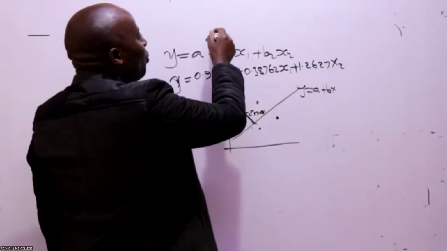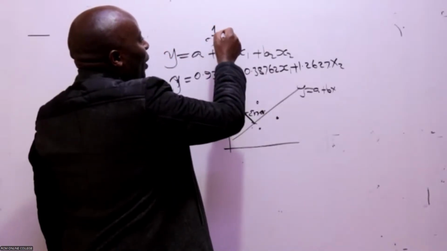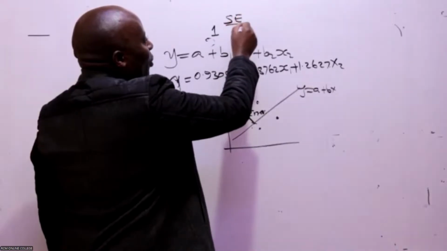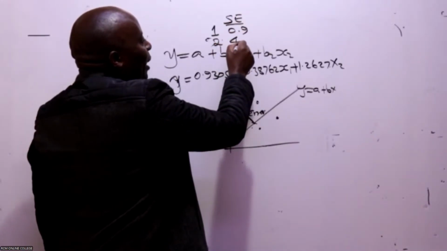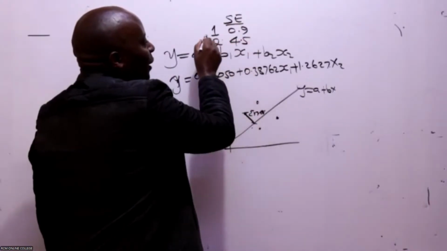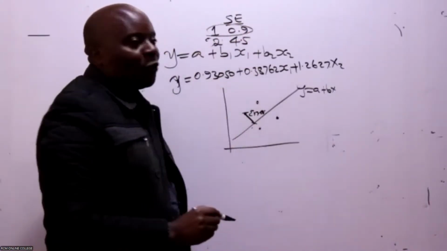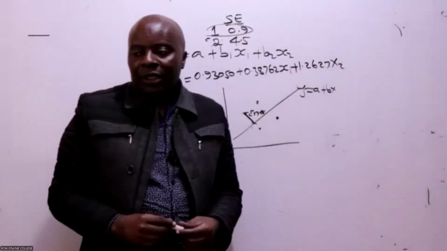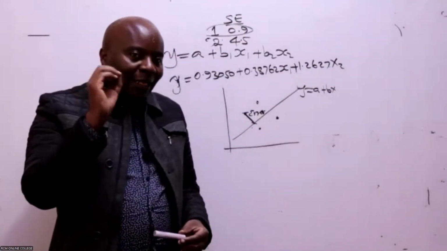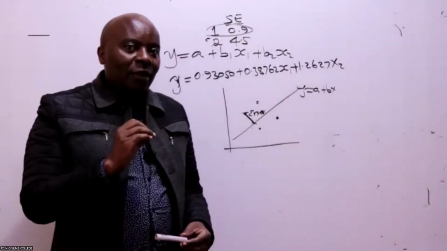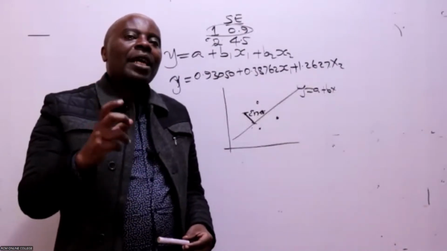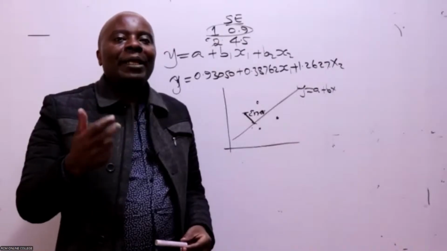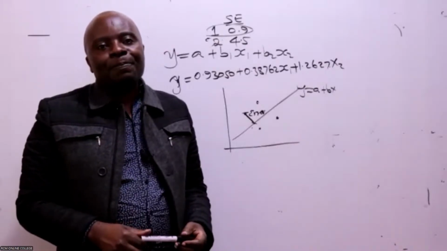Model 1 has a standard error of say 0.9, and model 2 has a standard error of 4.5. Always in this case, pick the model with the lower standard error, because the smaller the standard error is, the better the predictive ability of the model is.